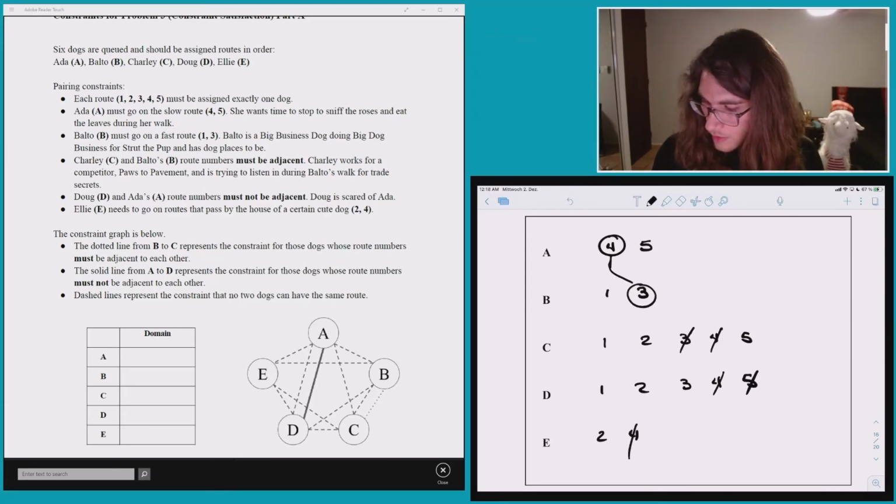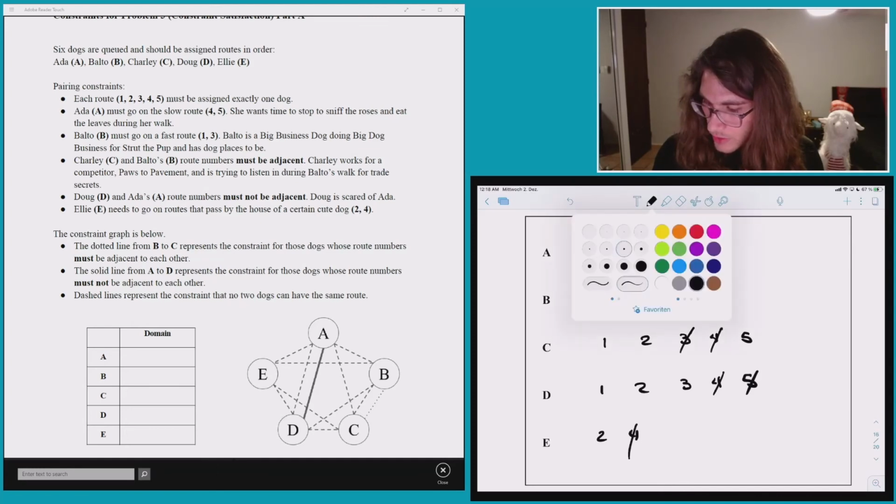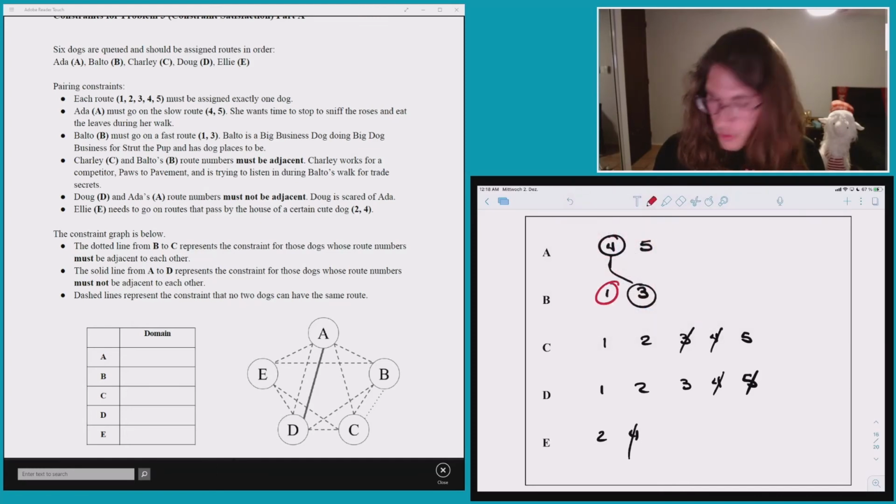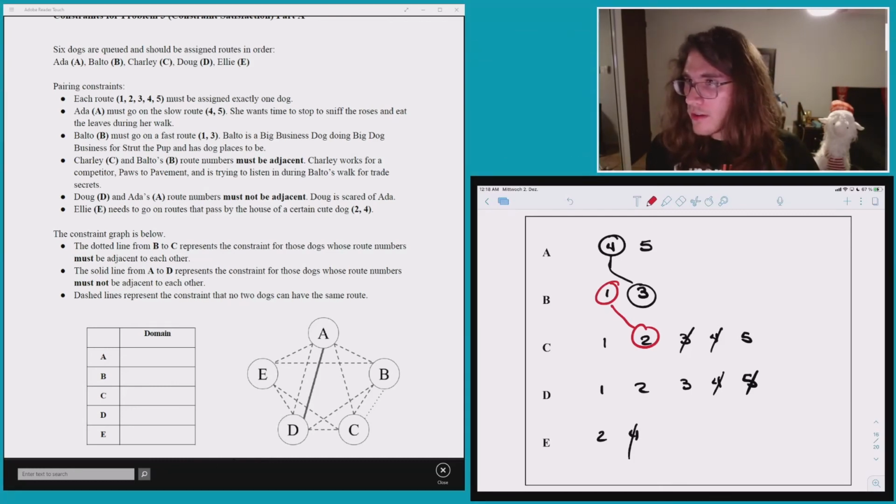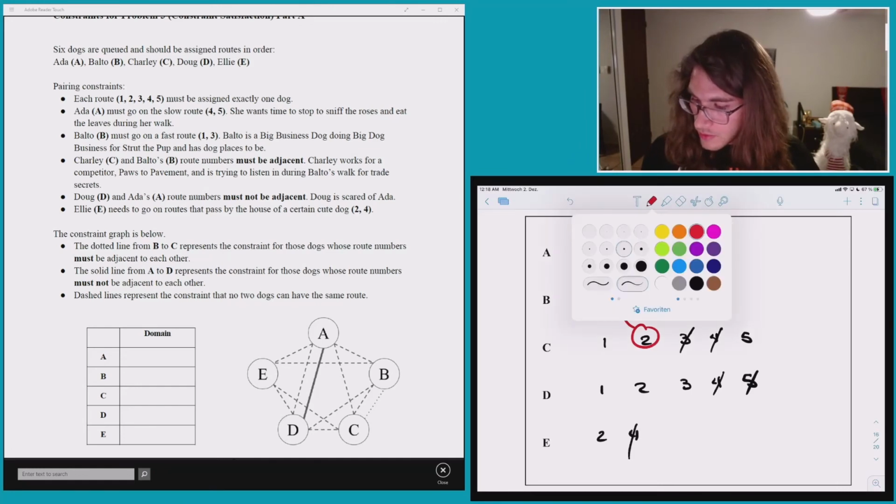Then I have 3. I'm going to color what I had previously, 1 and 2. I'm taking 3. I've backtracked from 1 because Balto's taking 3 and Charlie must be adjacent.